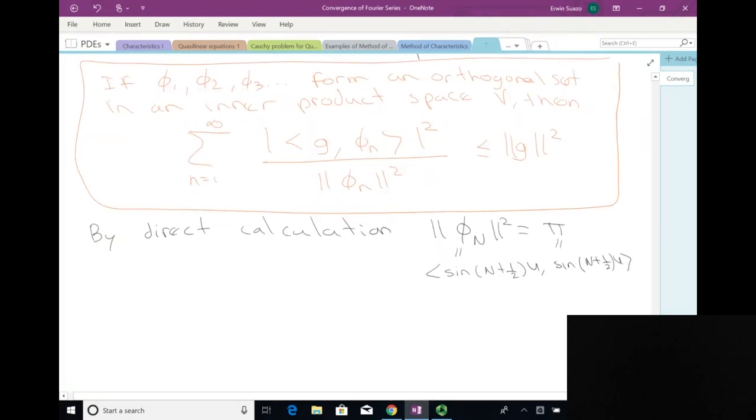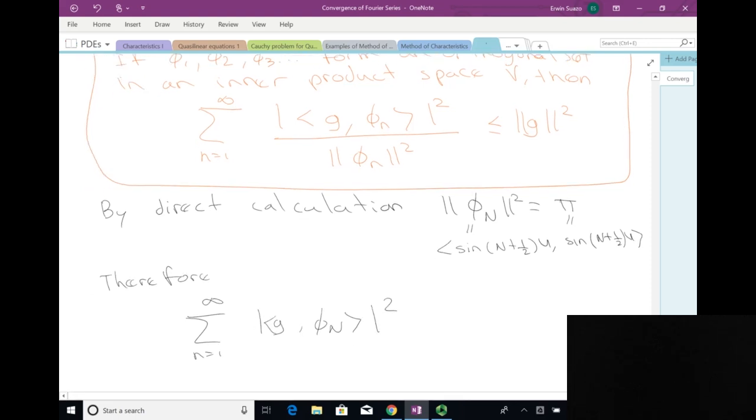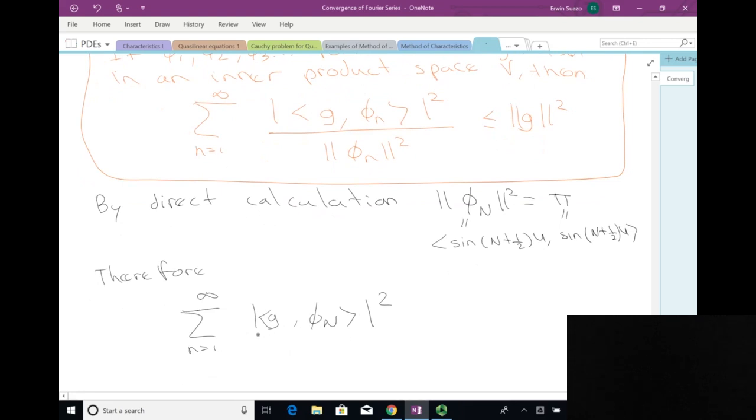So therefore we have the following: the sum of n equals 1 to infinity of G comma phi sub n squared, and all these guys are pi, so I'm going to take the pi outside, divided by pi, is less or equal than the norm of G squared.